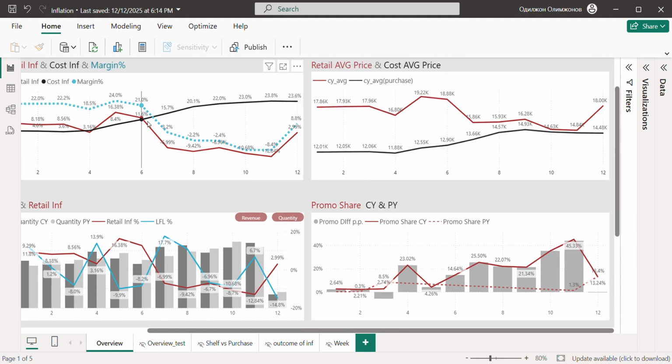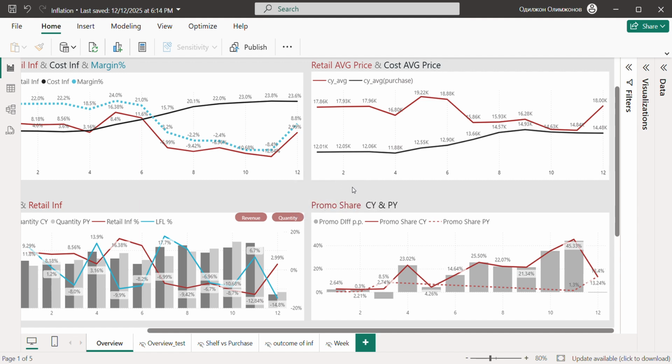So yeah, from 5%, the retail inflation decreased from 16 to -7 in 7 months. So actually, the decrease of retail inflation can be related to the increase of promo share, which describes the decrease of margin percent, right?